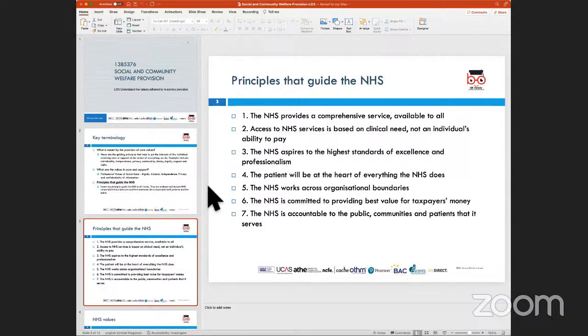I would put it this way: some of these values, which have now become part and parcel of the NHS Constitution and the NHS Act of 2010, are non-negotiable.